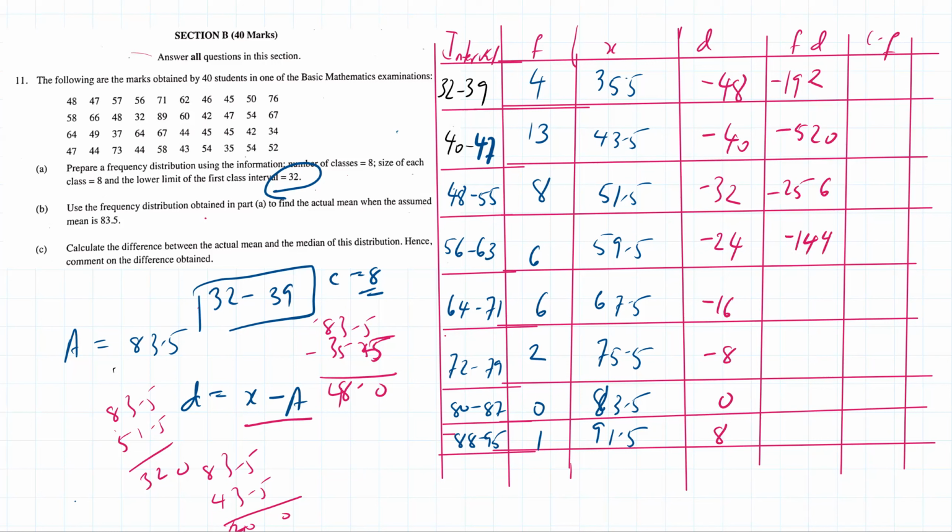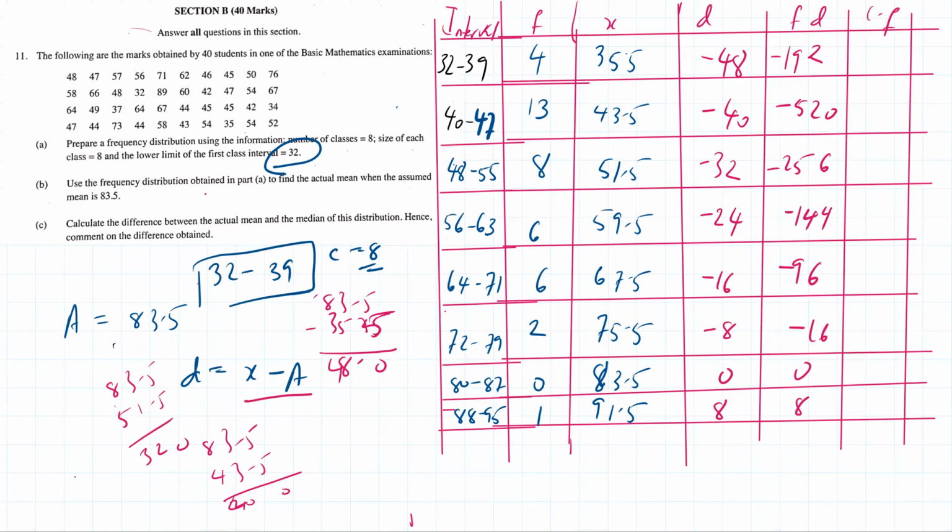Then 6 times negative 16, negative 96. You have 2 times negative 8, negative 16. Then you have 0, then you have 8.